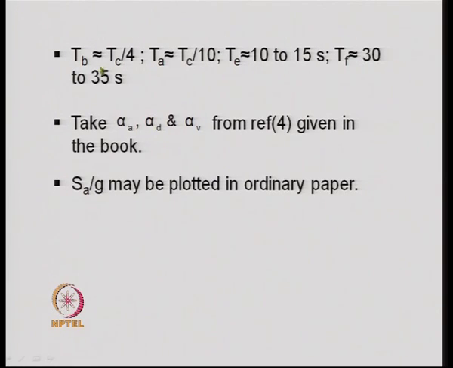Now, generally this empirical relationship is used in obtaining the values of TB, TA, TE etc. For example, they are all defined in terms of TC, and for TE and TF, it has been seen that TF is generally in the range of 30 to 35 seconds, and TE generally ranges between 10 to 15 seconds.